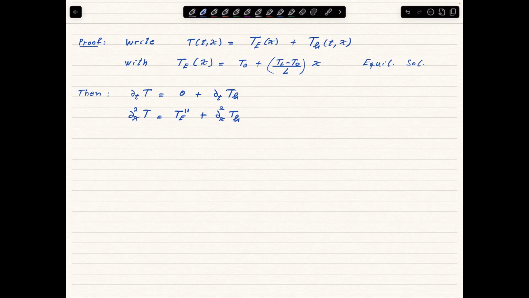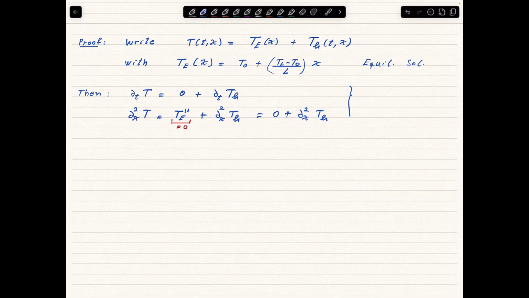But recall that this is an equilibrium solution, so this is 0. So this is actually the derivative with respect to x twice of only the TH part. Let's add the 0 here, just to be clear. This is going to be 0 plus that.